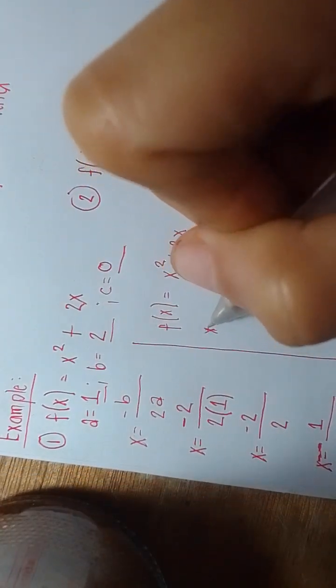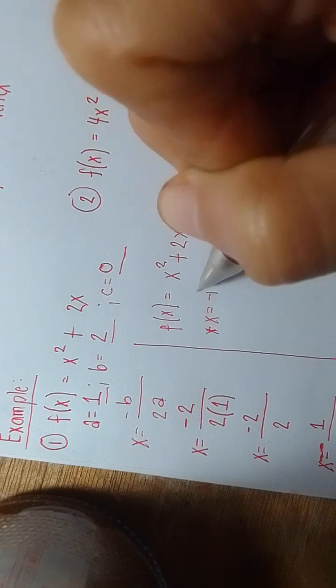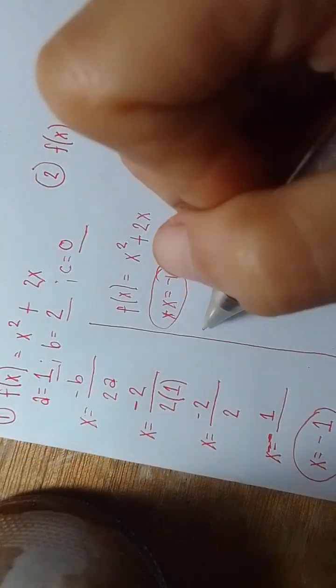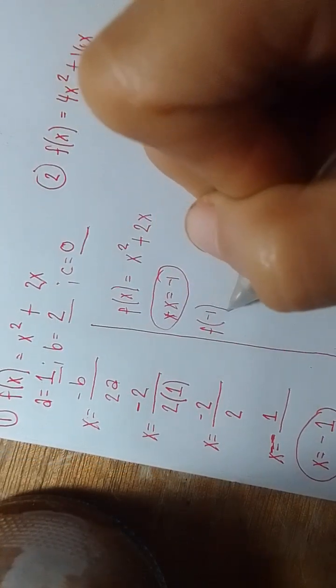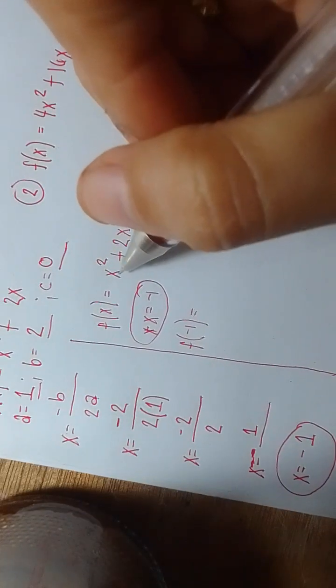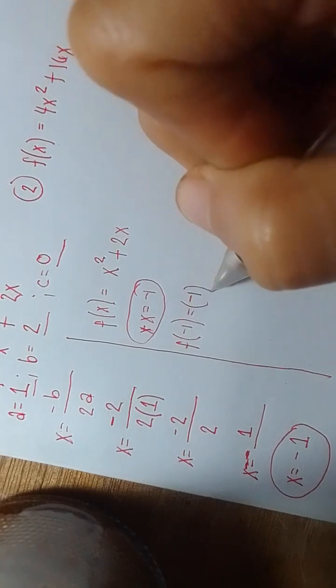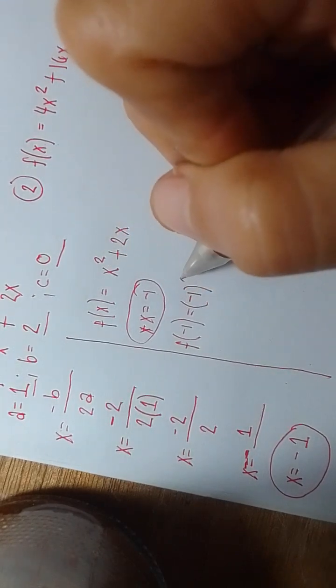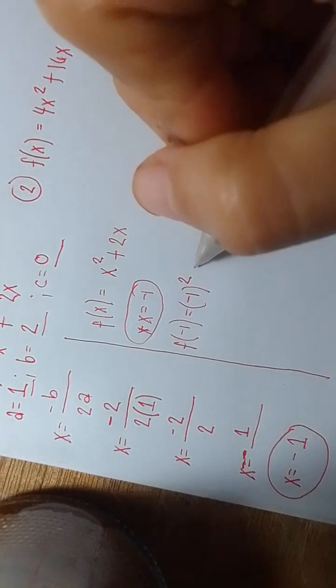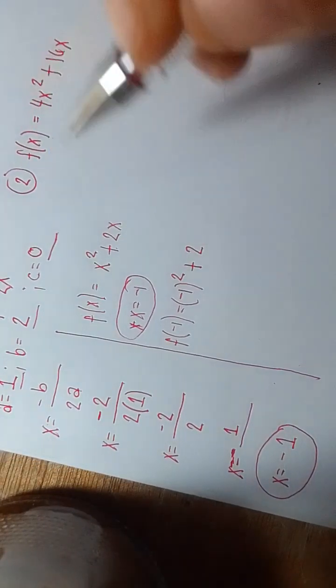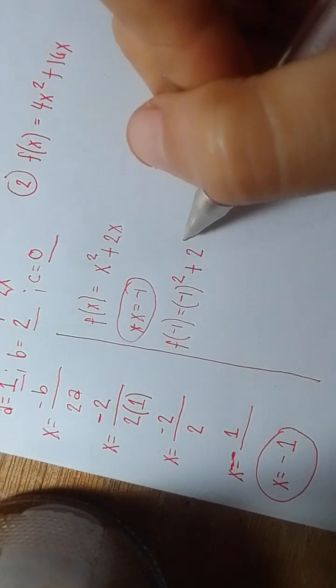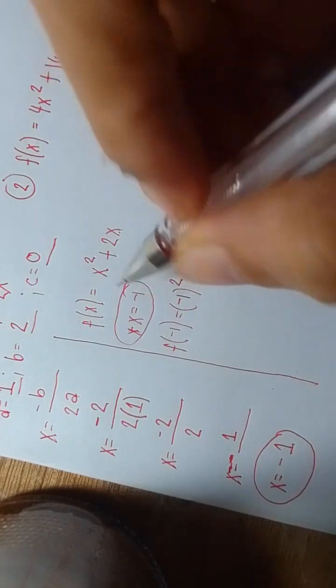We will substitute x as negative 1. So, f of negative 1 is equal to x, which we replace with negative 1. Negative 1 to the power of 2 plus 2. Next is x beside it, so we put parentheses. X is replaced with negative 1.